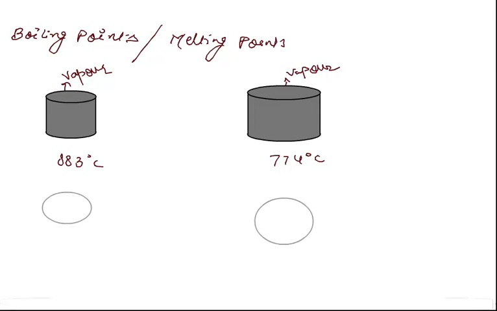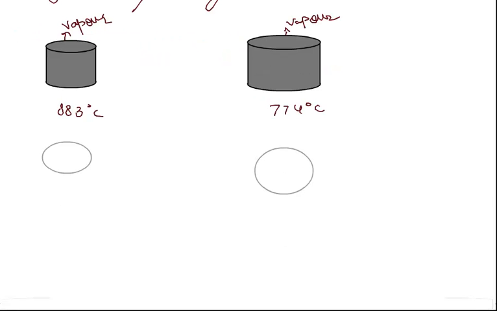Now what is happening? The type of force of attraction between the two would be the metallic force of attraction also, and there are certain forces that are called van der Waals forces of attraction.